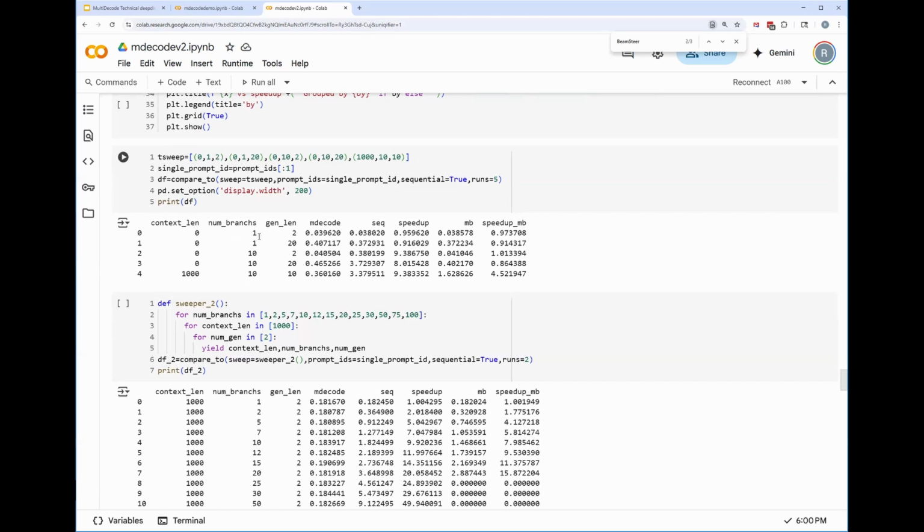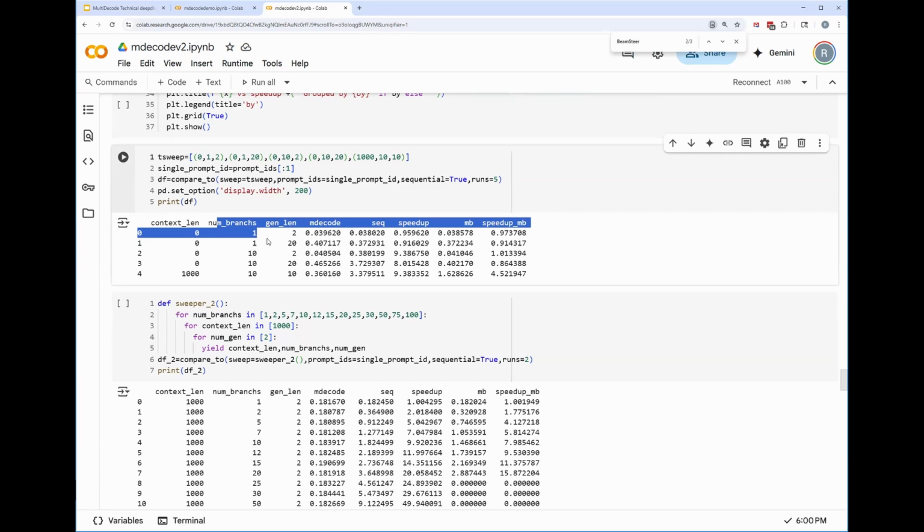The 3 kind of knobs we can turn are the length of the context that precedes the generation, the number of branches that we're exploring and how many tokens we actually generate. MDecode is the time averaged over a few runs to use the MDecode algorithm. SEQ is the time if we were to process them sequentially, and MB is the mini batch, expanding the mini batch to accommodate all of the branches.